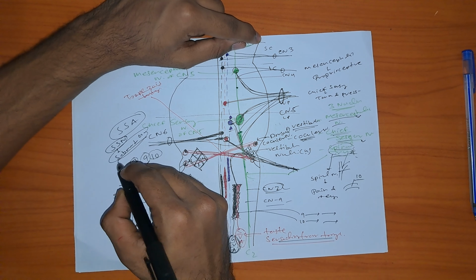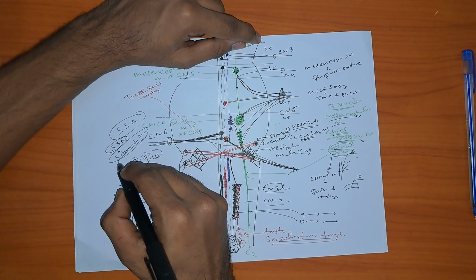And the lacrimatory nucleus also is a component of the 7th cranial nerve. We have completed that now. And the general somatic afferent also is a part of the 7th cranial nerve.